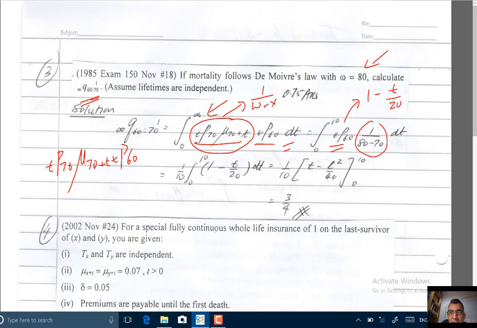Okay, 1 over 80 minus 70, I've taken that out, 1 over 10. TP60, we know the formula, 1 minus t over 20, where 20 is from 80 minus 60. This is a simple integral. Deal with it and you will get your answer.